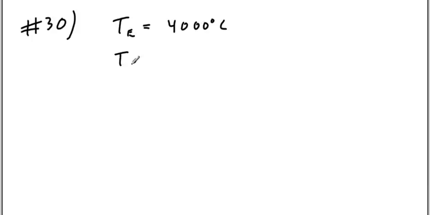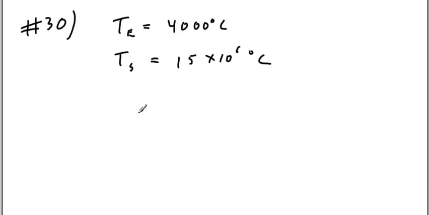And interior temperature of the Sun, 15 times 10 to the 6th. Now what temperature do I need in order to have fusion to occur? Anybody know? It's about 1,000,000 degrees, and that's 1.5 million, so that's about right.